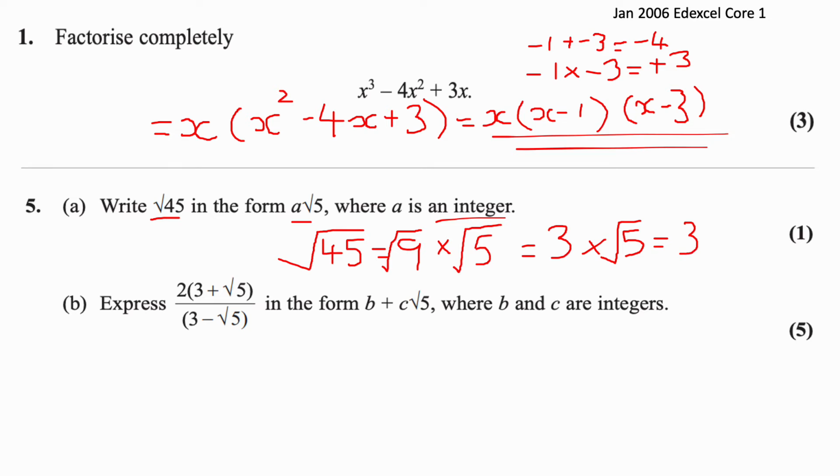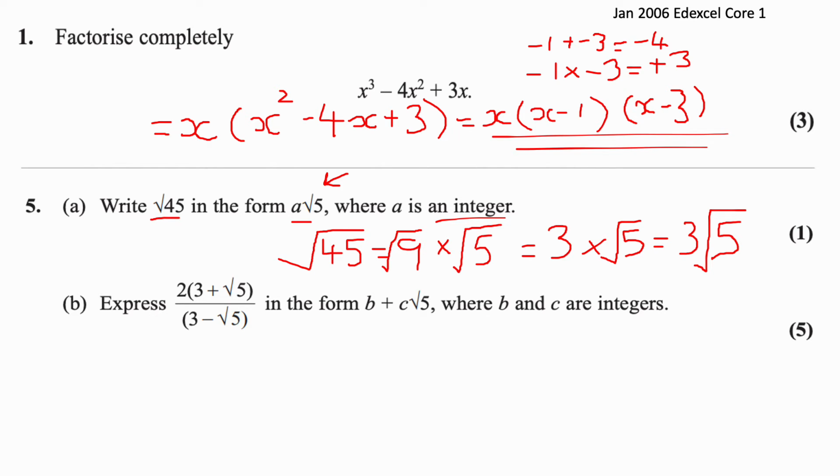So this topic is looking at simplifying surds, that some surds can be simplified, and it's knowing your factors of numbers, and particularly the highest square number factor that goes into that number. Now fortunately for this question, we were given the form it had to be in, so I knew that one of them had to be a root 5.